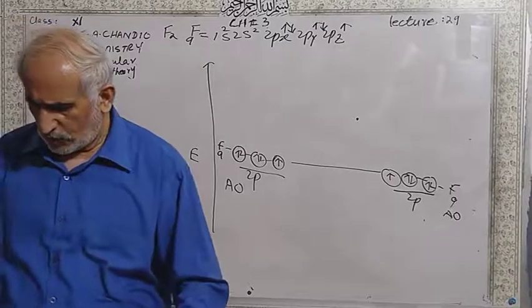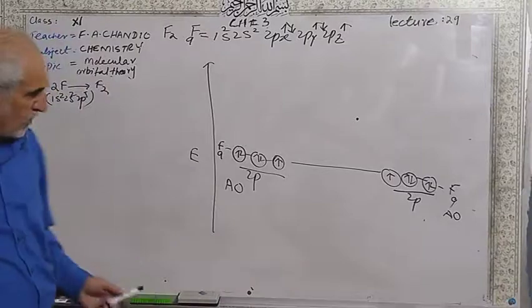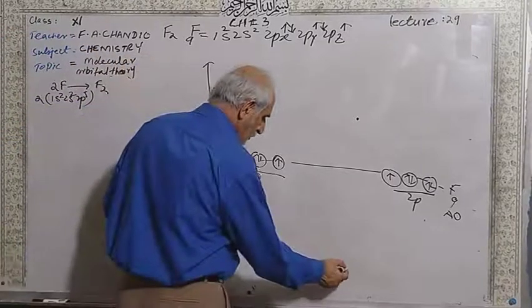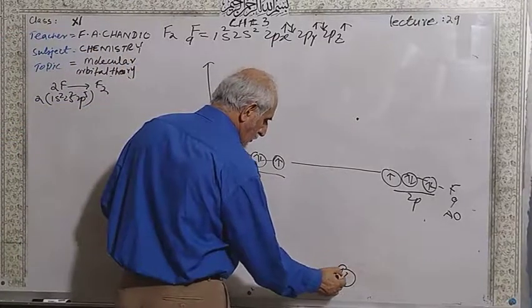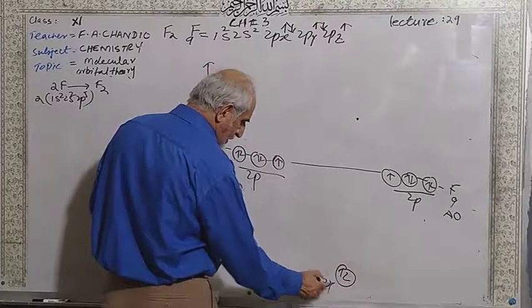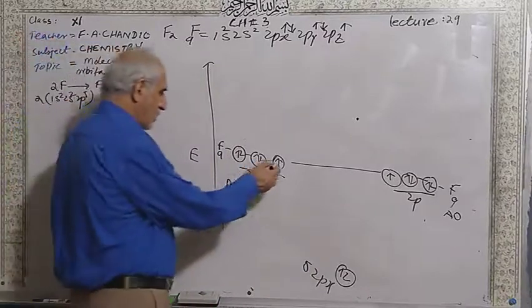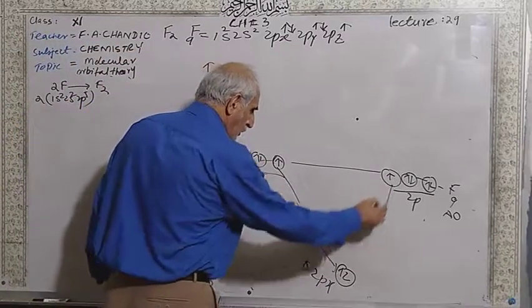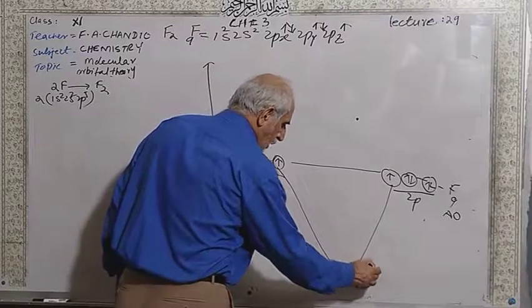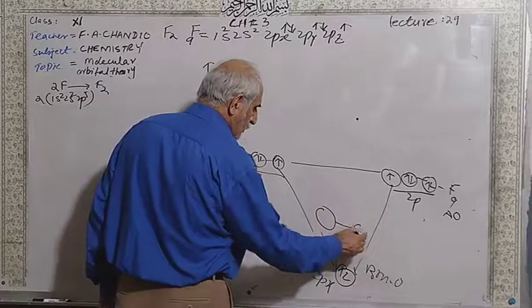So dear students, in fluorine, again as in oxygen, in both you first have to fill the sigma 2px. Oxygen and fluorine, sigma 2px, bonding molecular orbital, then the pi bond.